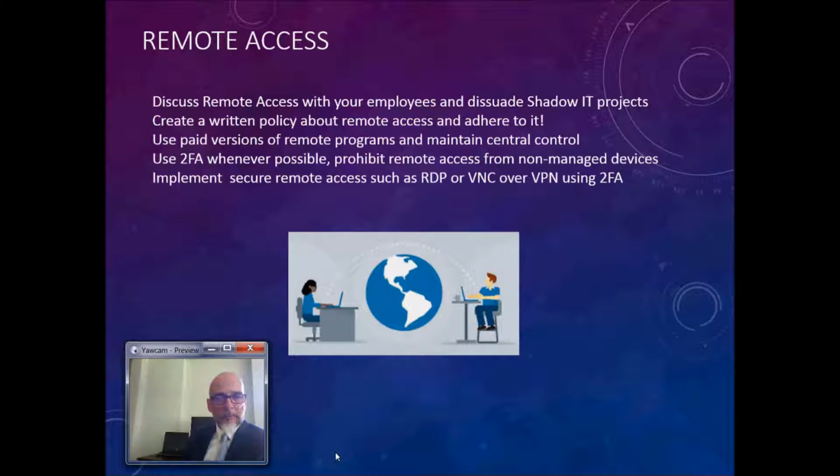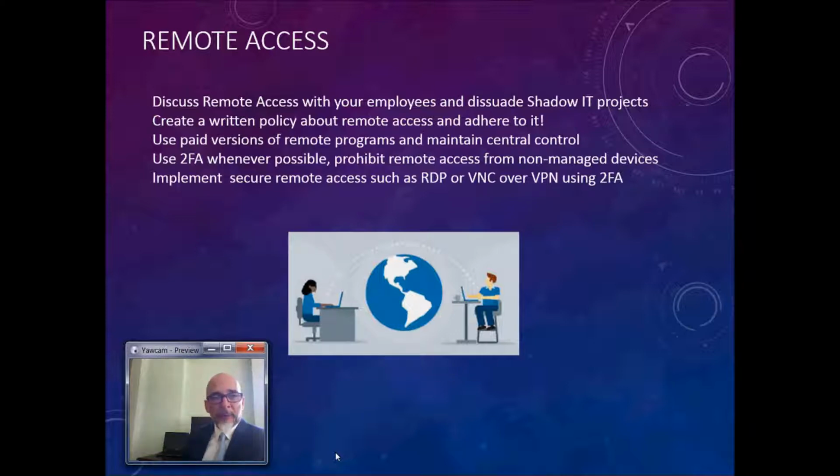Every company will have a different policy, but it's important to create a policy, figure out what you want to do, what you don't want to do, discuss it with all the stakeholders, with your IT company, and give that to employees so that they're aware of what's allowed and what's not allowed. And if possible, put physical restrictions. Don't allow them to install these types of programs or block the websites of these types of programs.